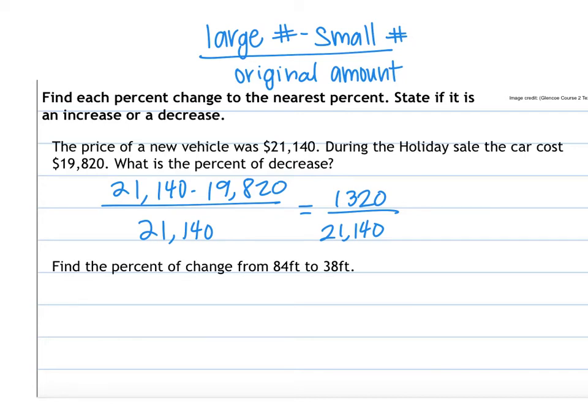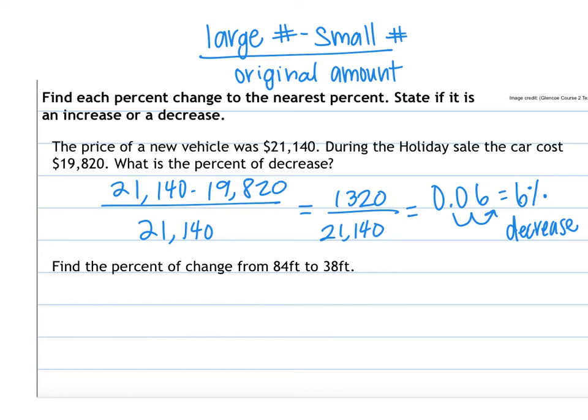So you divide those numbers, 1,320 divided by 21,140. To the nearest percent, so round to the nearest hundredth, 0.06. Move the decimal 2 to the right to turn it into a percent. So a 6% decrease because the price is going down.